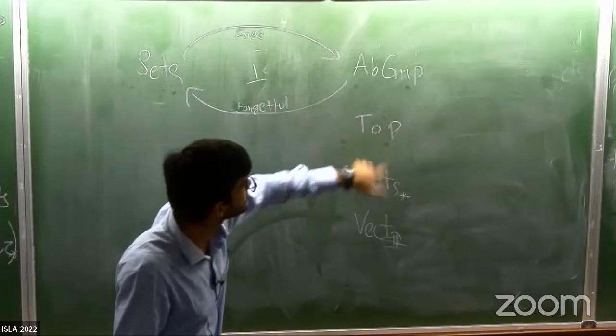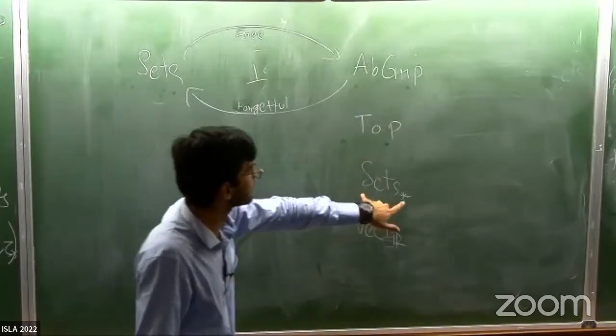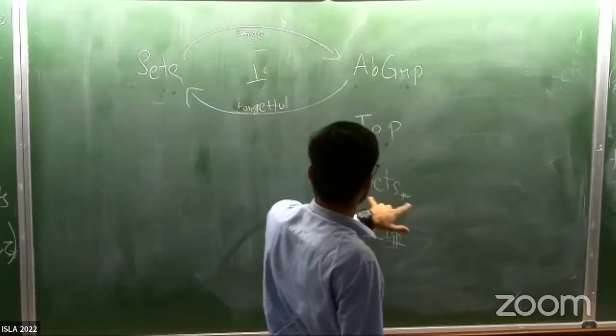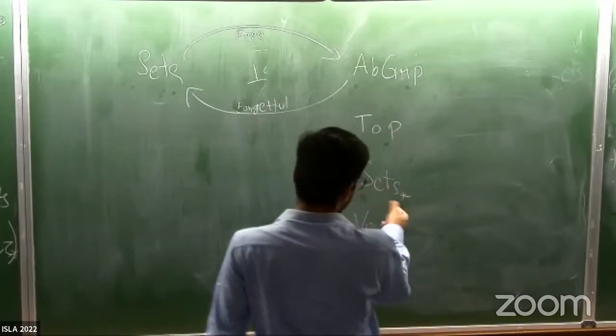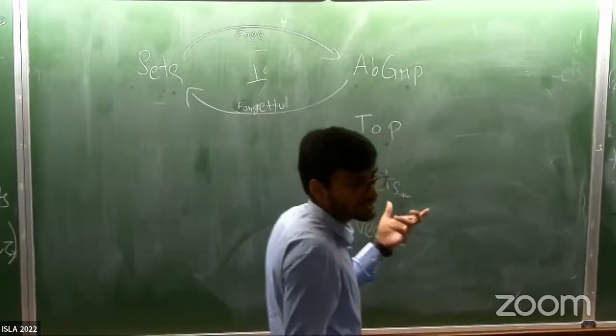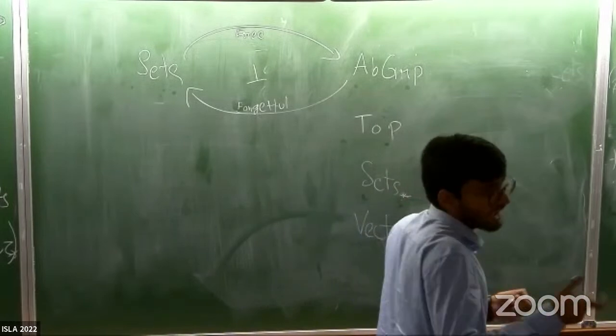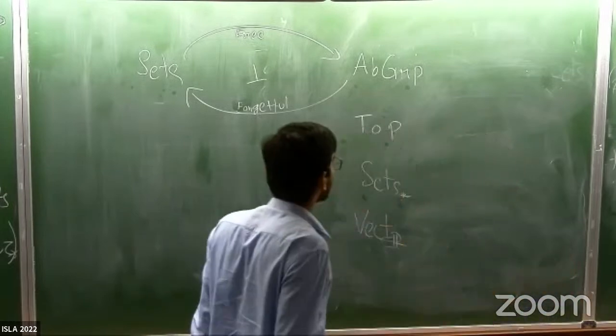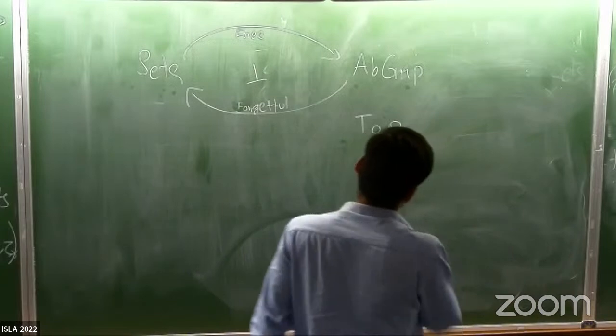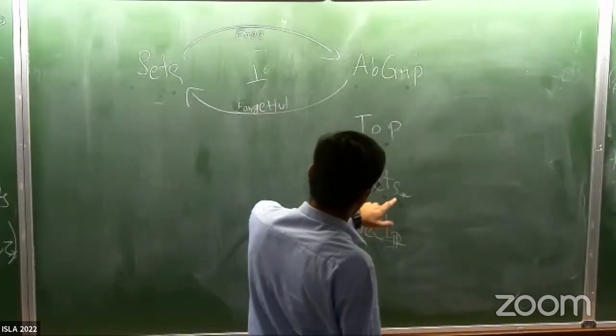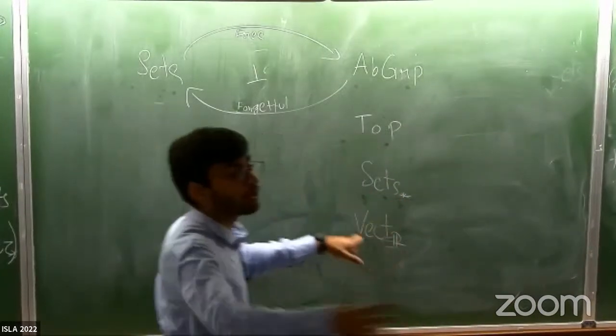You can take a free topological space, that will be the discrete space. For pointed sets, the objects of this category are sets with a distinct symbol attached onto them. So that's one, and the underlying functor here is that you forget that.